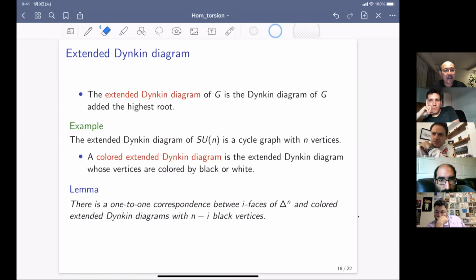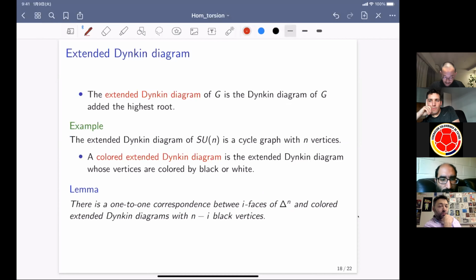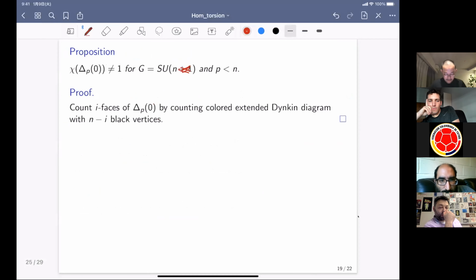Okay. But the definition of delta pk is quite simple too, so we can count the corresponding extended Dynkin diagram. Anyway, in this way, we can compute the Euler characteristic of delta p0 when G is SU(n).